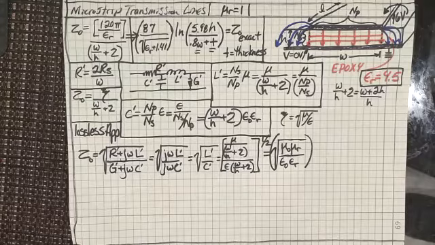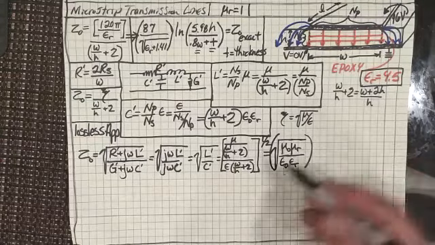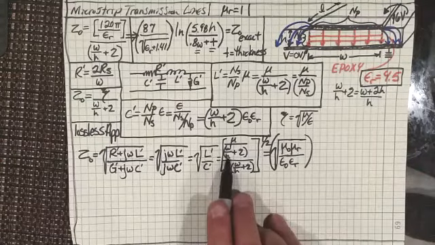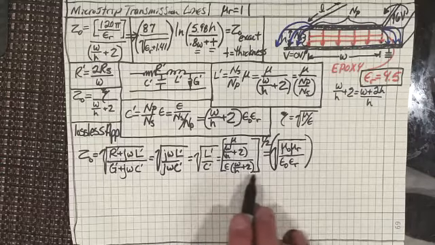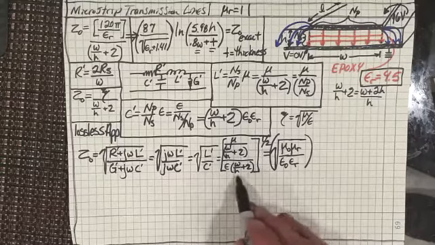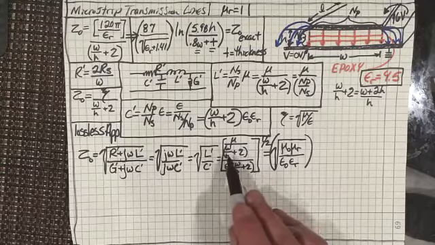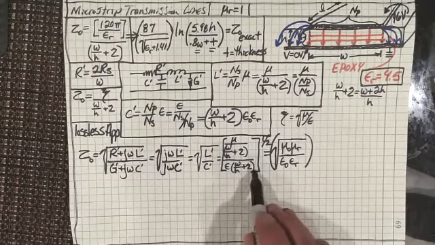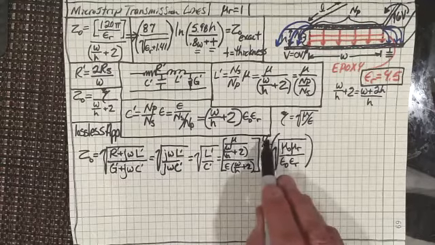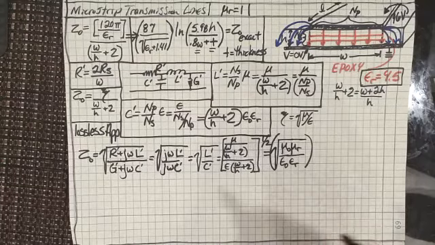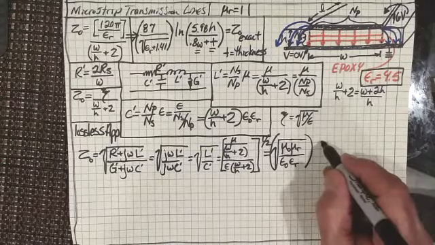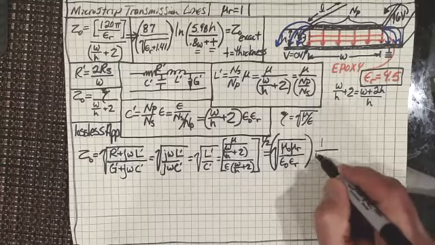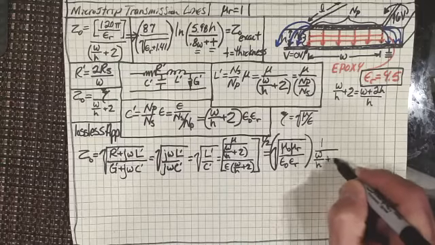And now what I've got is W over H plus 2 squared in the denominator here, right? Does everyone see that? I've got W over H plus 2 and then W over H plus 2, but I'm taking it to the square root. So what that leaves me with is 1 over W over H plus 2.